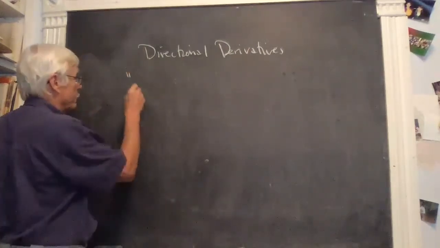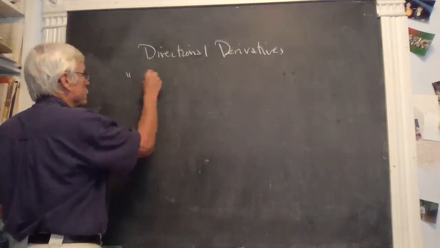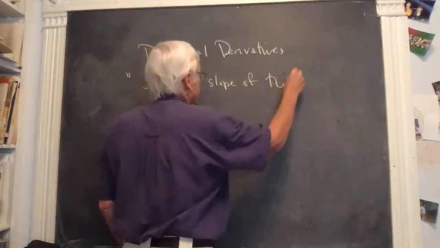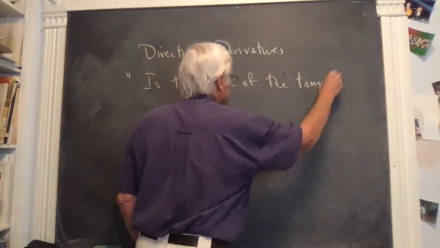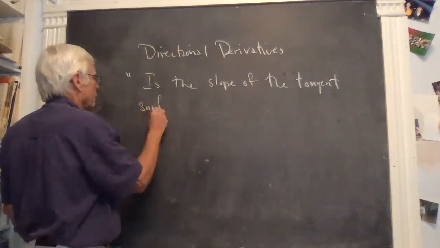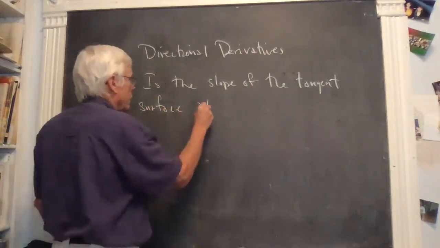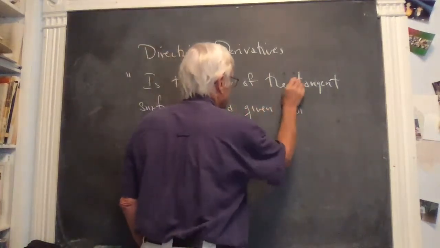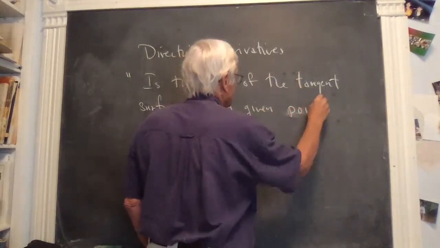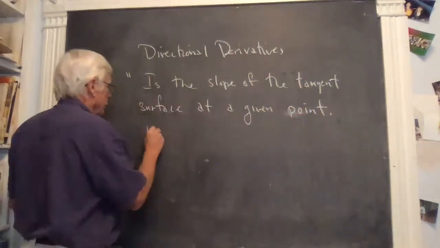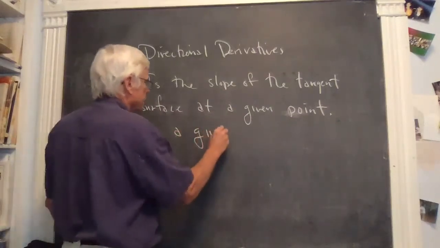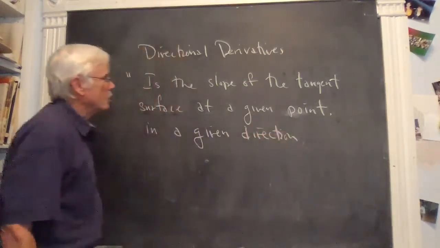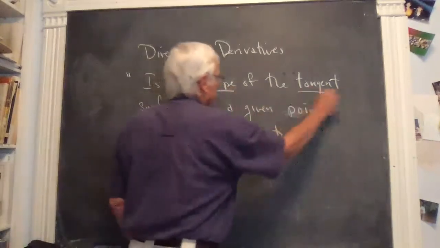So we're looking at graphs, and the directional derivative is the slope of the tangent surface at a given point in a given direction. So it's the slope of the tangent surface.